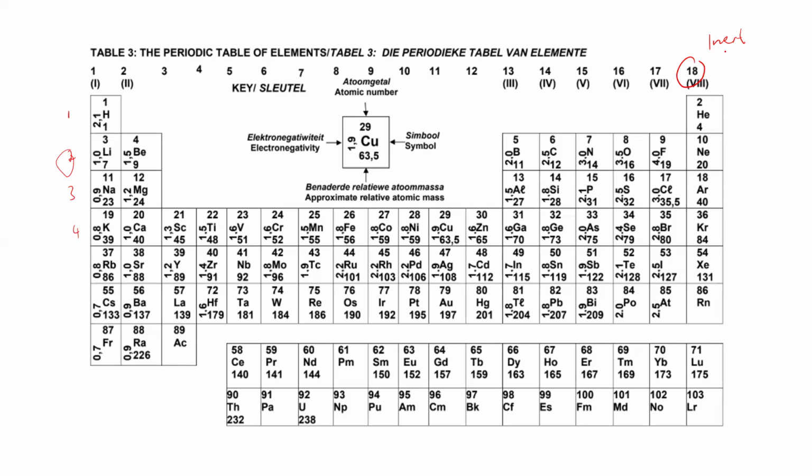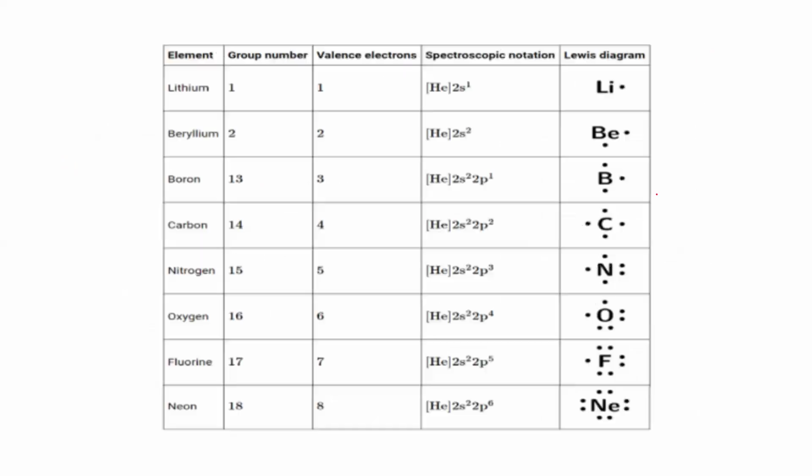If they are non-metals, they will accept electrons to reach their stability so that they can be like the noble gases. Right? So that's what we mean by valence electrons, okay? The outer number of electrons that will be donated or accepted, depending on whether the atom is a metal or non-metal.